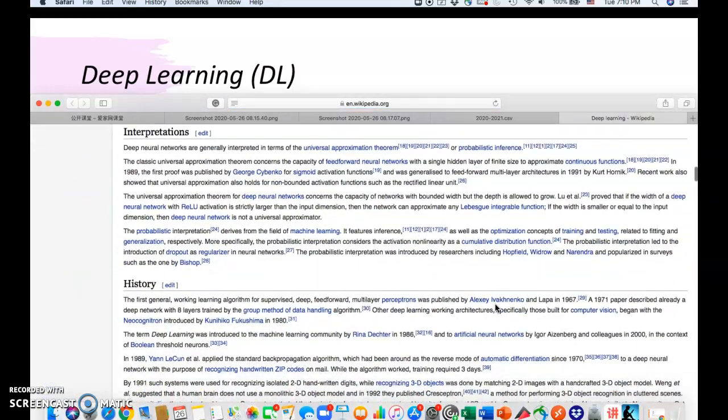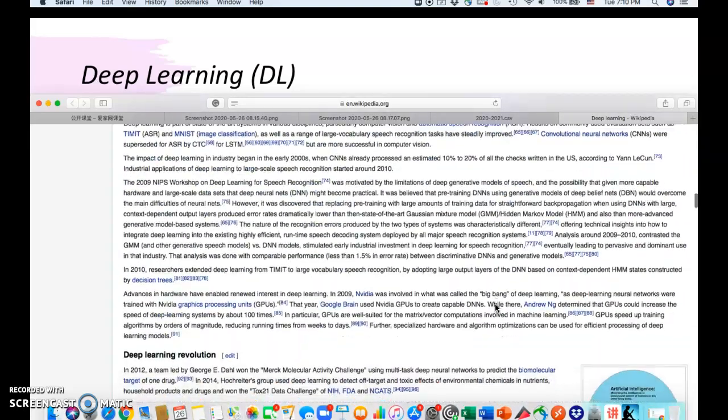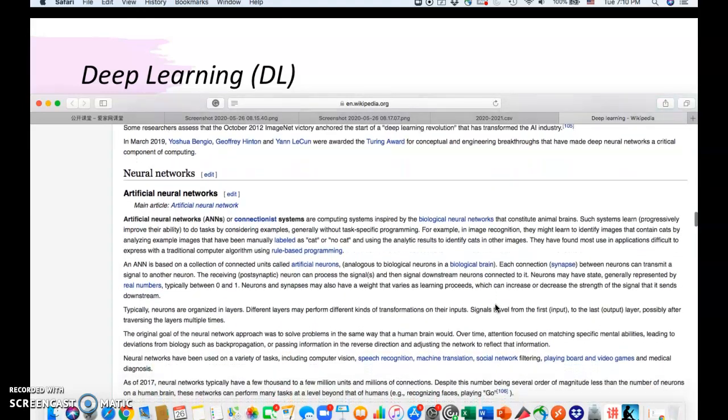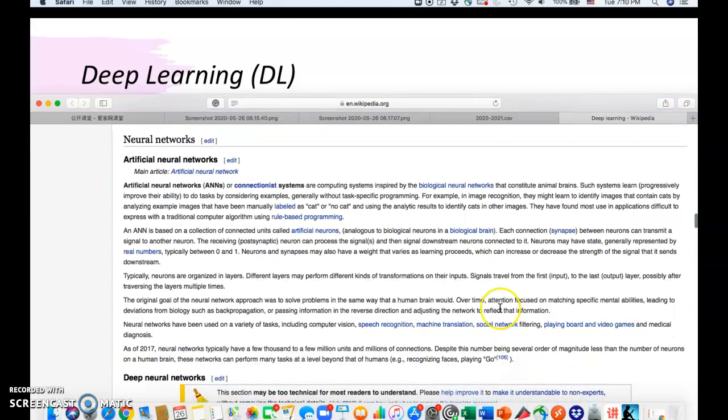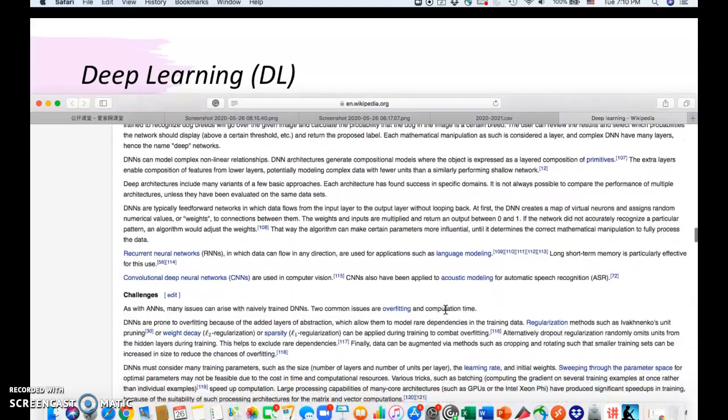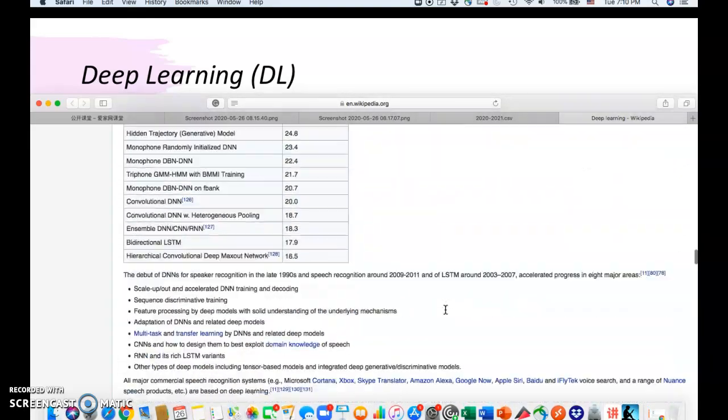So there is a page on Wikipedia that talks more about how the neural network is being used for deep learning. Please read that.